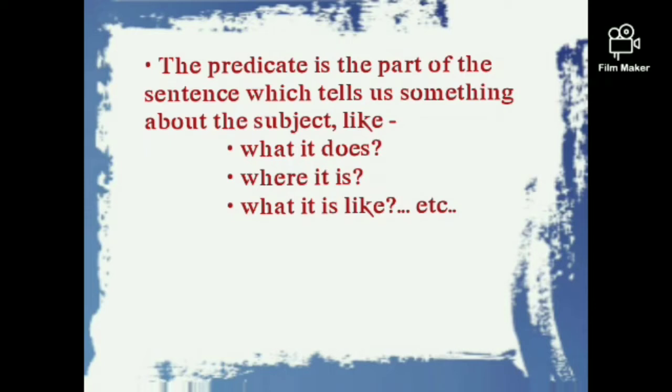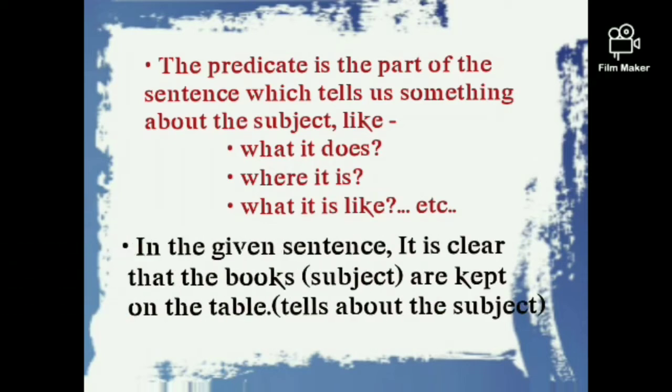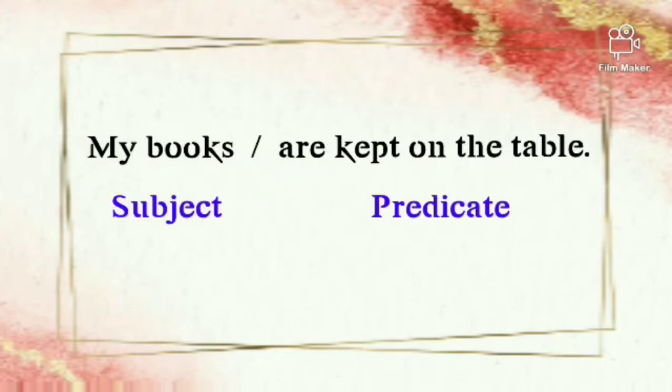We also know that the predicate is the part of the sentence which tells us something about the subject, like what it does, where it is, what it is like, etc. In the given sentence, it is clear that the books are kept on the table. That is, it gives information about the subject. So, are kept on the table is the predicate part of the given sentence.